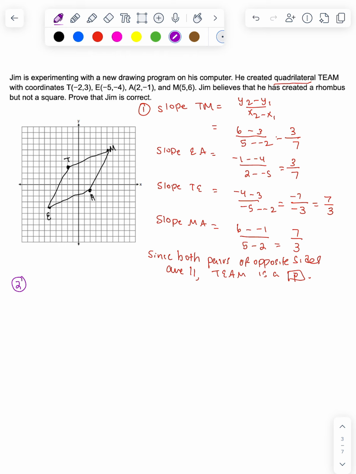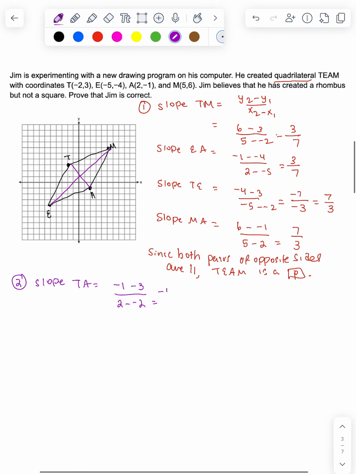So I'm going to do the slopes of the diagonals, because remember, rhombuses do have perpendicular diagonals. So if the diagonals are perpendicular, it's a rhombus. I'm going to find the slope of TA. I just want to go completely slopes this time. And the slope of TA is -1.